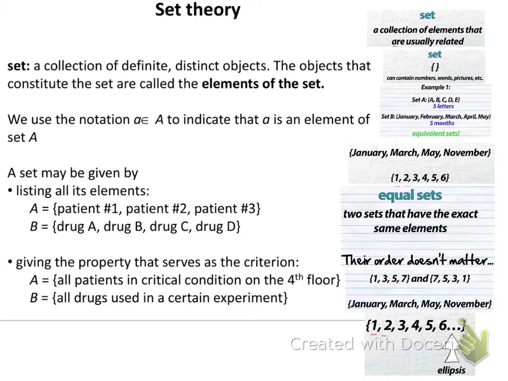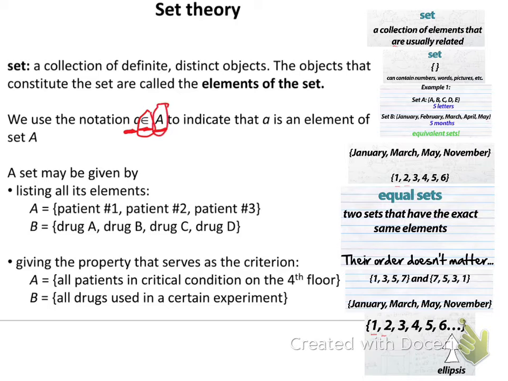Okay, there are some notations which we are going to learn now about sets and how to use them. One of the notations which we are going to learn is this notation, which we can use to say that a small a is an element of the set A capital.